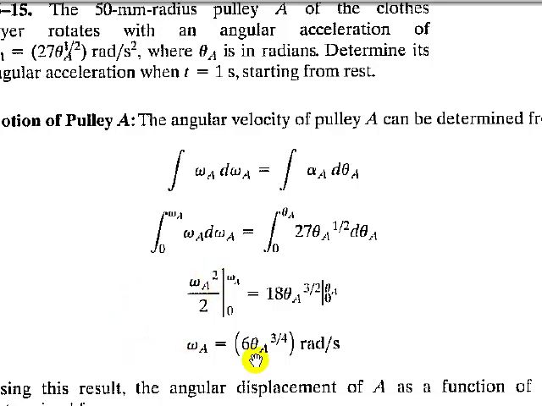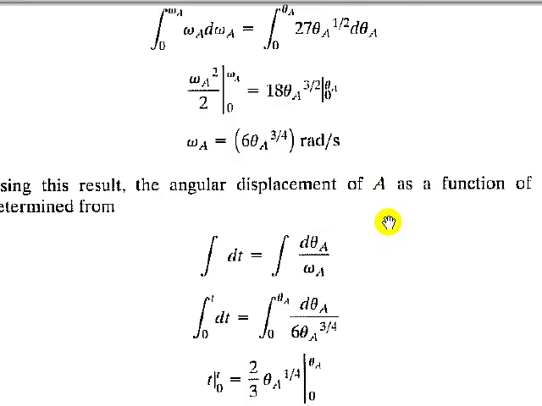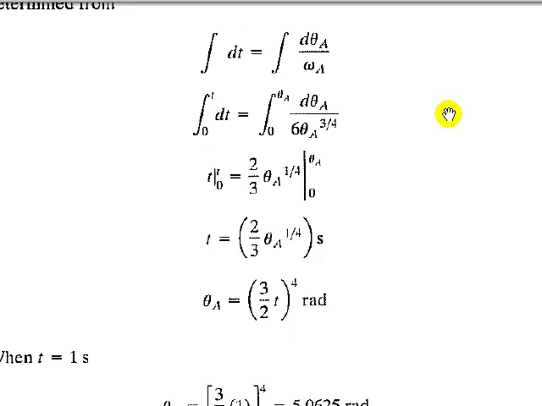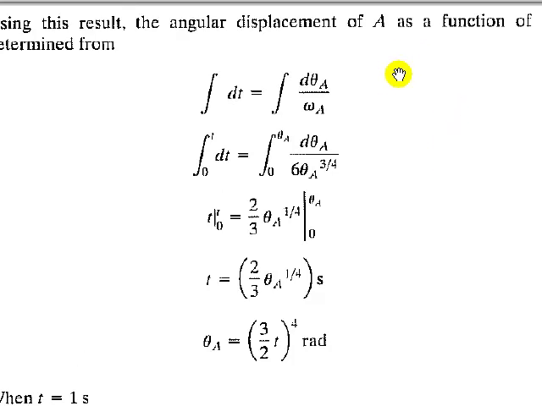We have omega as a function of theta. Given omega as a function of theta, we now have the opportunity of moving into the time domain using omega is d theta dt, and rearranging, keeping omega on the theta side, since we know omega as a function of theta here.